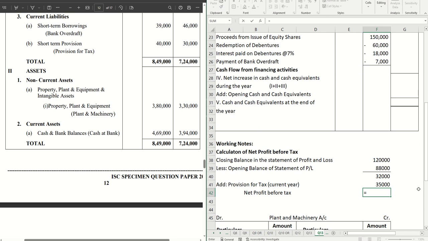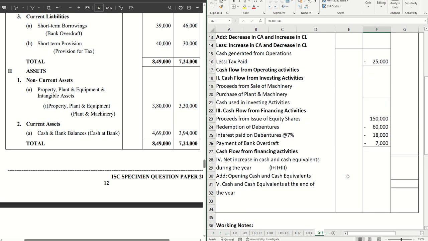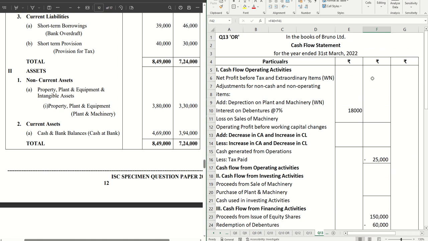So our NBT comes to 67,000. Let's put that amount at the top, 67,000 as our net profit before tax. All right, so this item is also done. Let's move on to the next one.